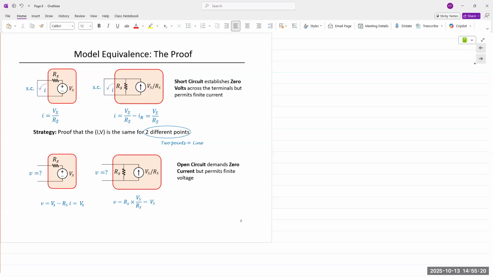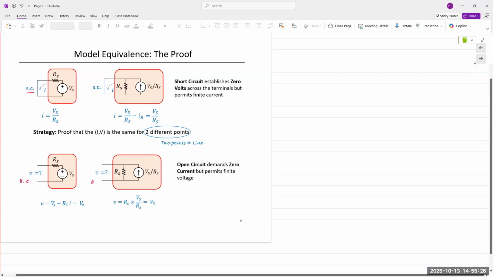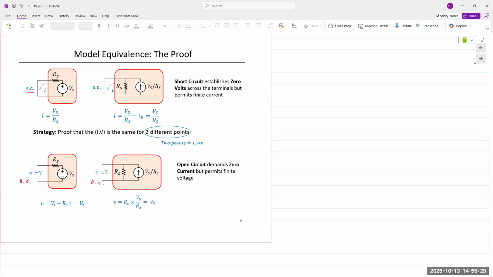SC stands for short circuit, OC stands for open circuit. Short circuit simply means you're connecting a wire between those two terminals. So if there's a wire, there's now a pathway for the current to flow. So if current is flowing, we can apply Ohm's law, and we can state I is equal to Vs over Rs.